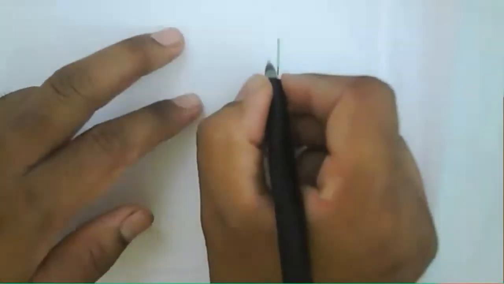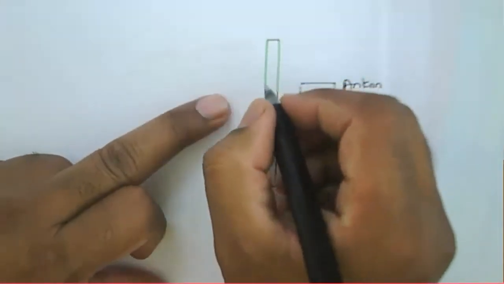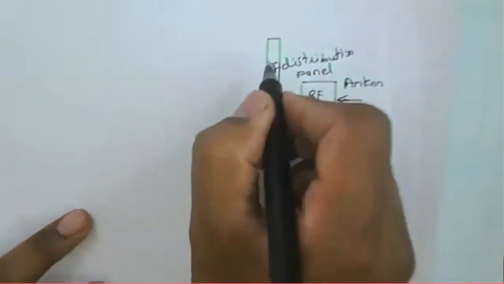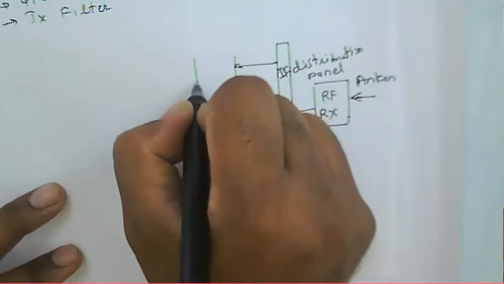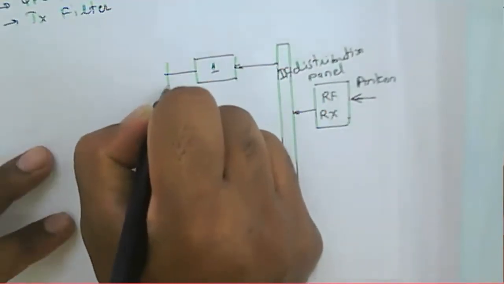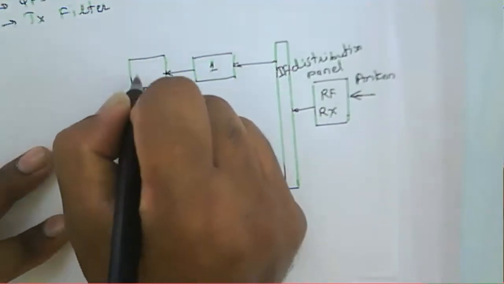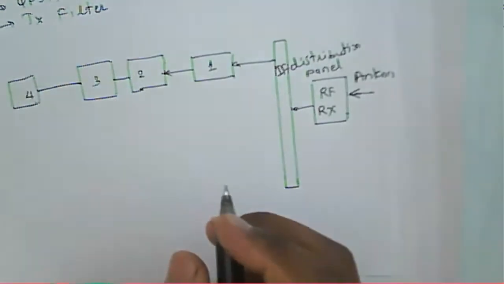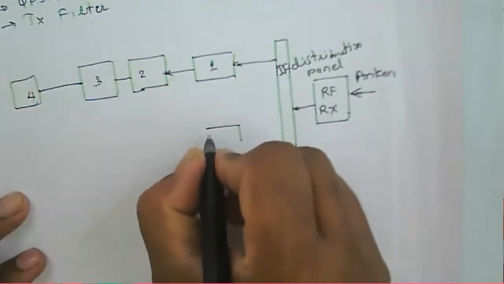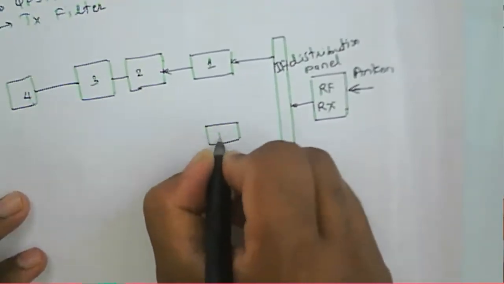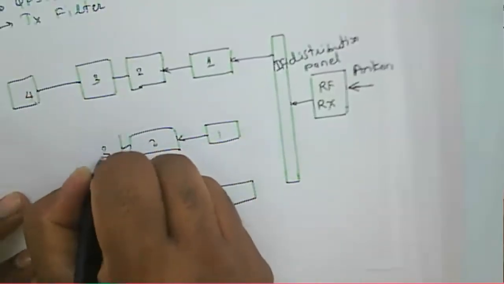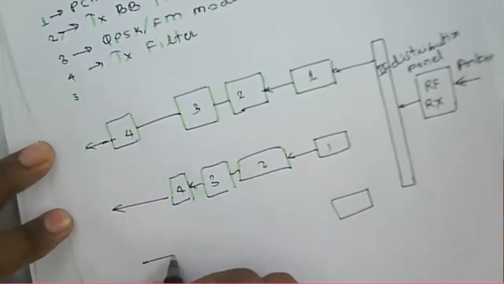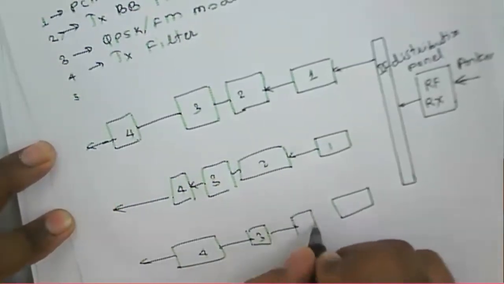Then from the RF receiver we have the IF distribution panel, then the RF filter, and then one, two, three, four.